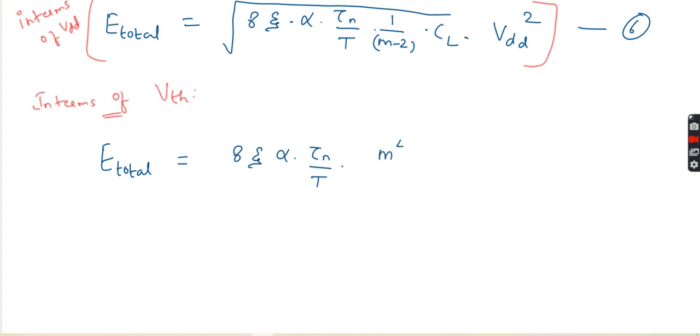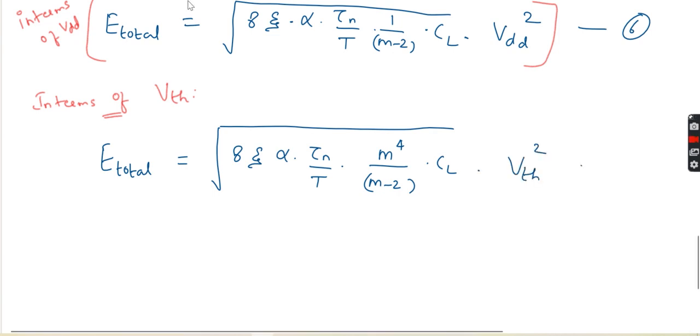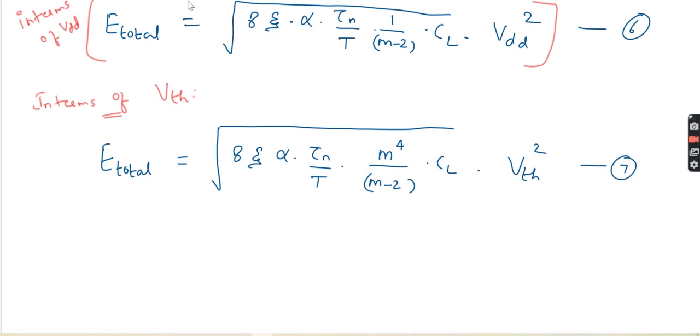So this will become m power 4 divided by m minus 2 into CL into VTH square. This will be equation number 7. This equation number 7 is very important.